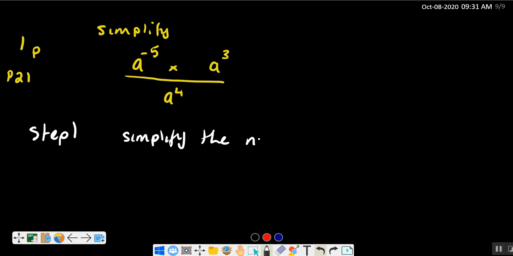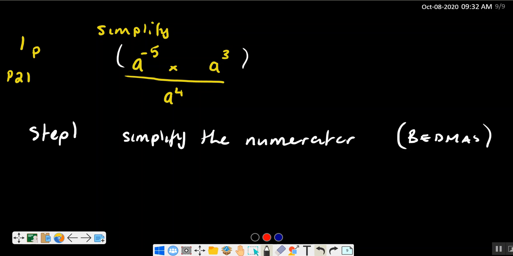the numerator first. Okay? So Milo said because of BODMAS, you do your multiplication, get that sorted. It's kind of like having brackets. You do everything on top of the line first. So simplify the numerator first.